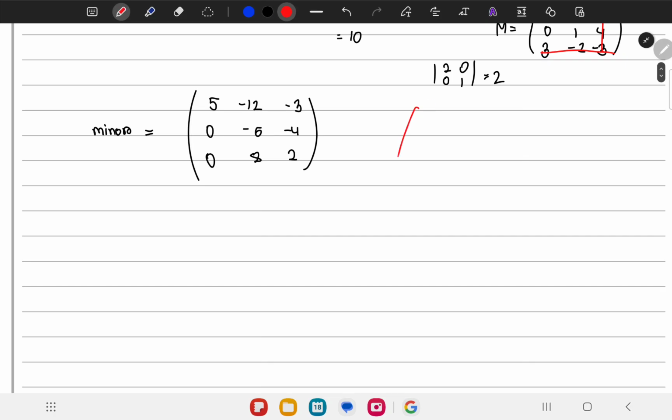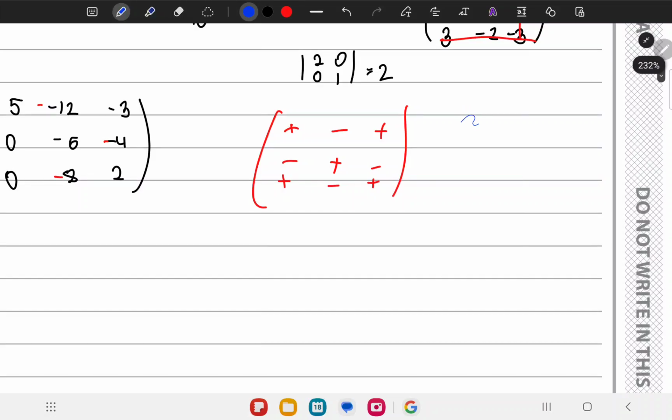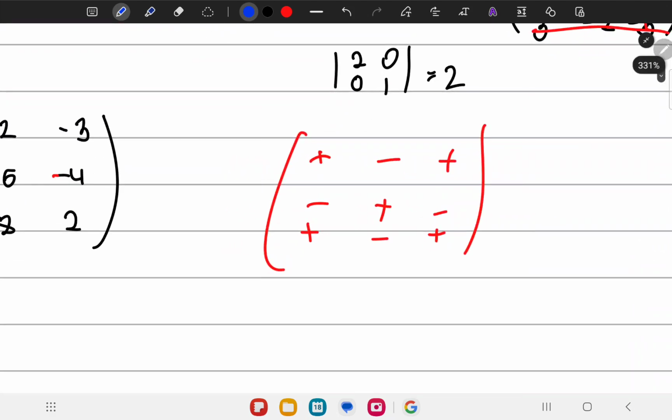Now for the cofactor matrix, we do this. So we multiply a -1 on these 4 values. It's all the values where the i plus j, or the row number plus the column number, adds up to something that's odd. So if I look here, this is row 1 column 1.